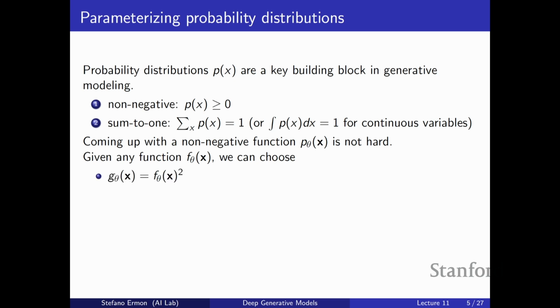Right? So one thing you can do is take an arbitrary neural network f theta. If you just square the output that it produces, you get a new neural network g theta, which is also very flexible because it's very similar to the f theta that you started with, and it's guaranteed to be non-negative given any input. Or you can take the exponential.